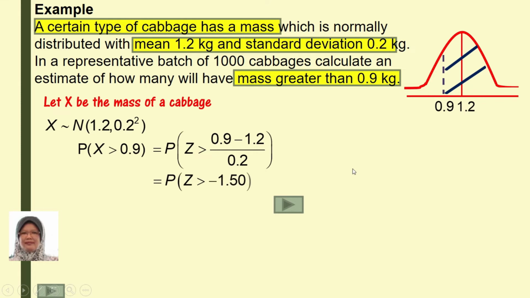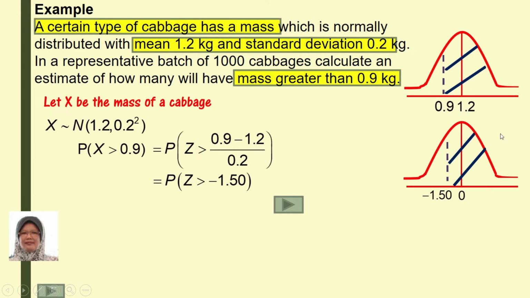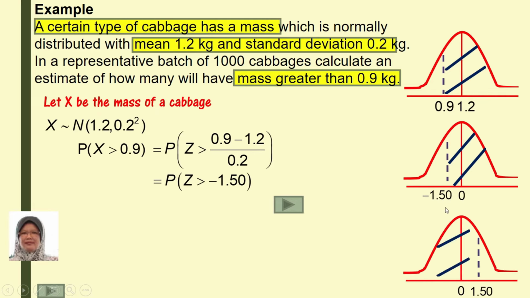We get P(Z > negative 1.50). We transfer to the Z distribution with mean 0, and 0.9 becomes negative 1.50. From the graph we can see that negative 1.5 on the left side becomes 1.5 on the right side. So we can write 1 minus P(Z > 1.5).